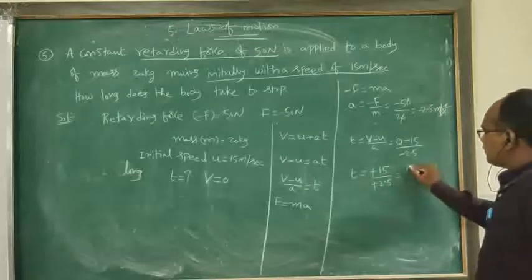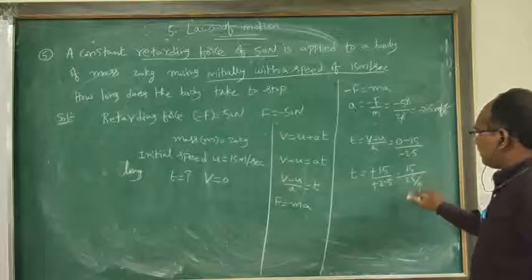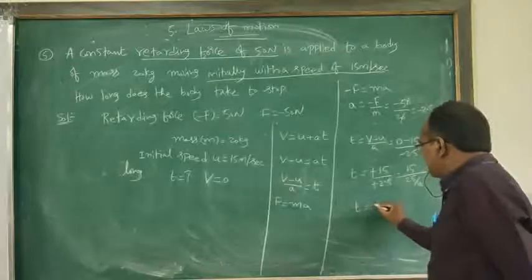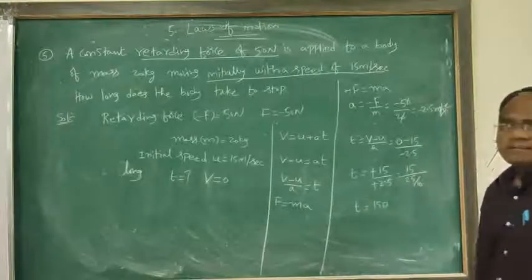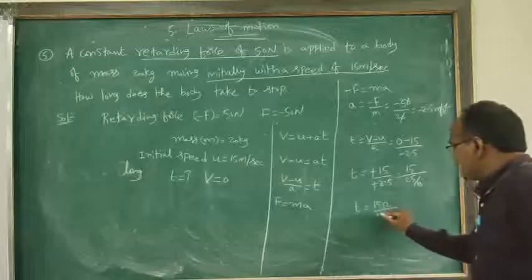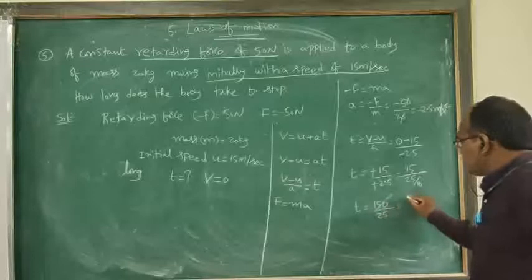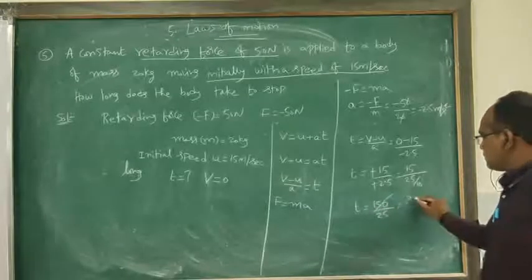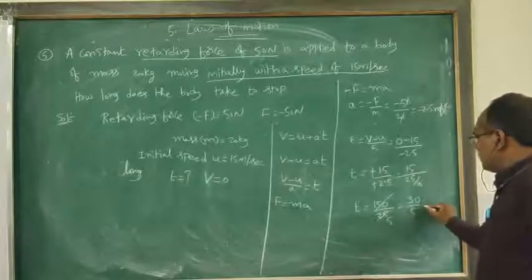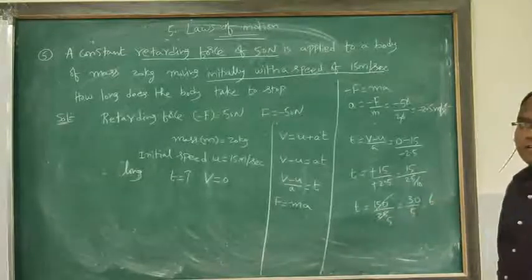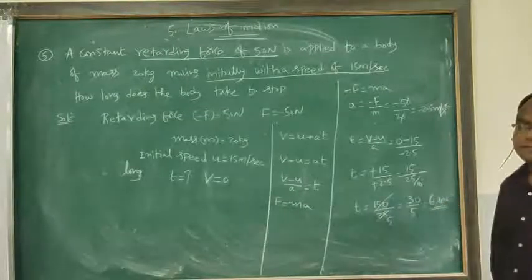So this can be written as 15 divided by 2.5, which is 150 divided by 25. 5 3s are 15, 5 5s are 25, so the value is 30 divided by 5, which is 6. So time is equal to 6 seconds.